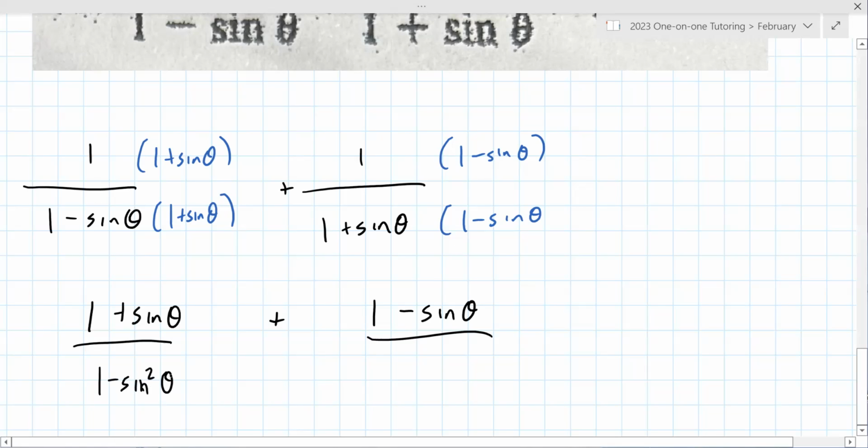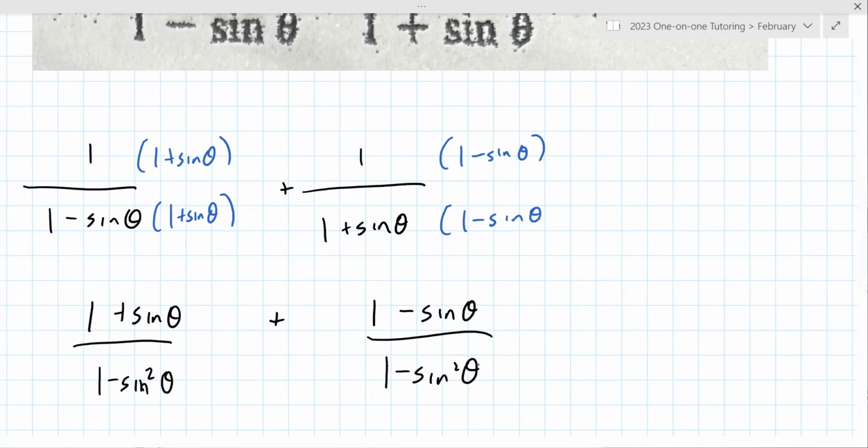And left side, 1 minus sine squared. And then the right side is also 1 minus sine squared theta. So that's good. What do you do from here?